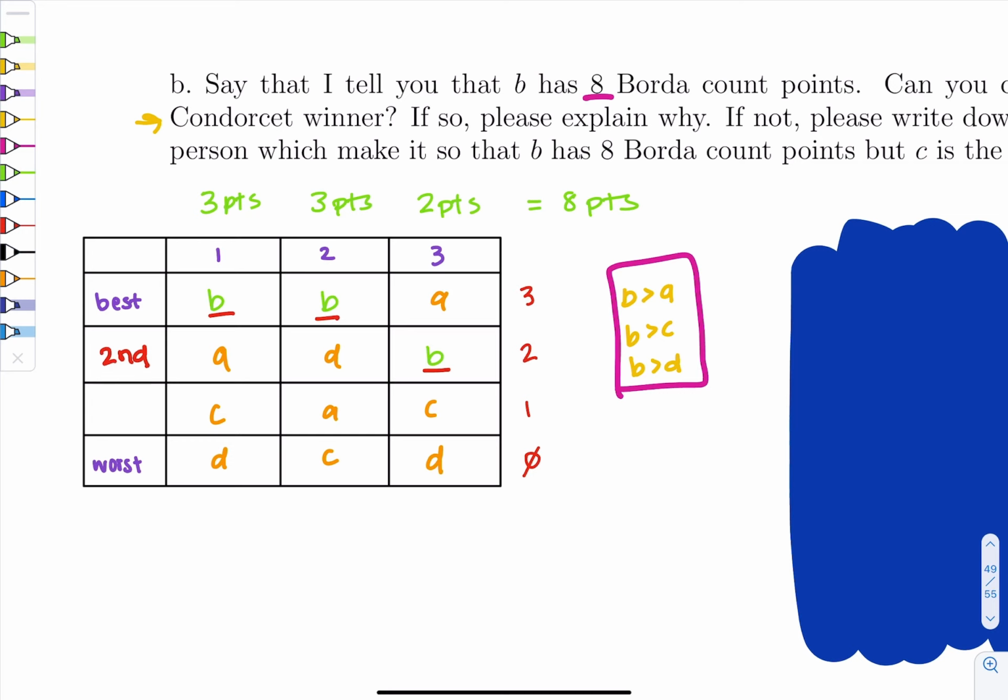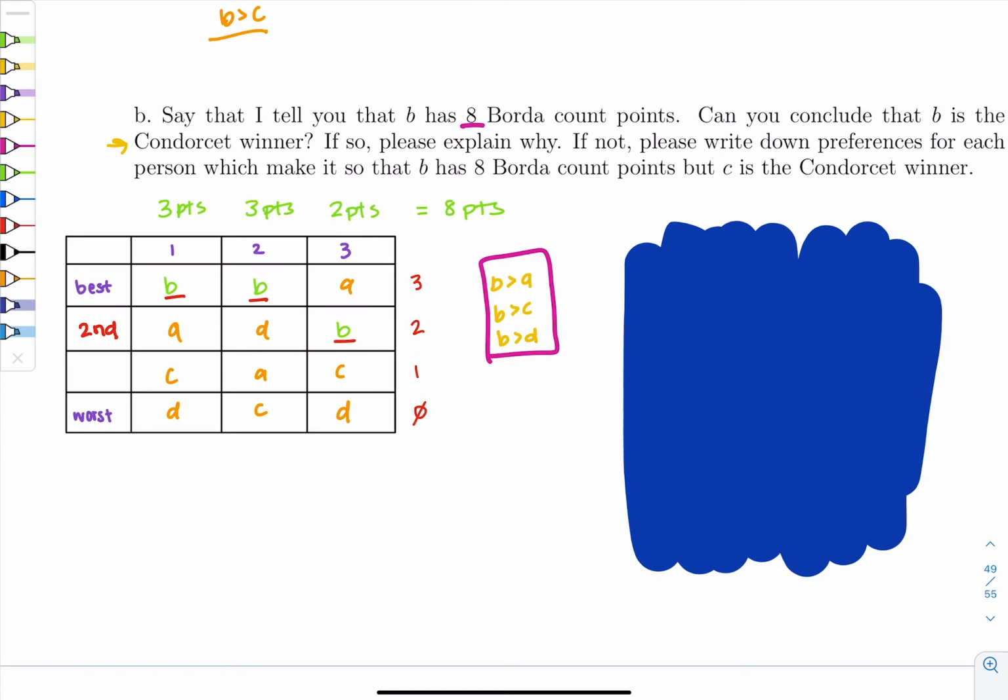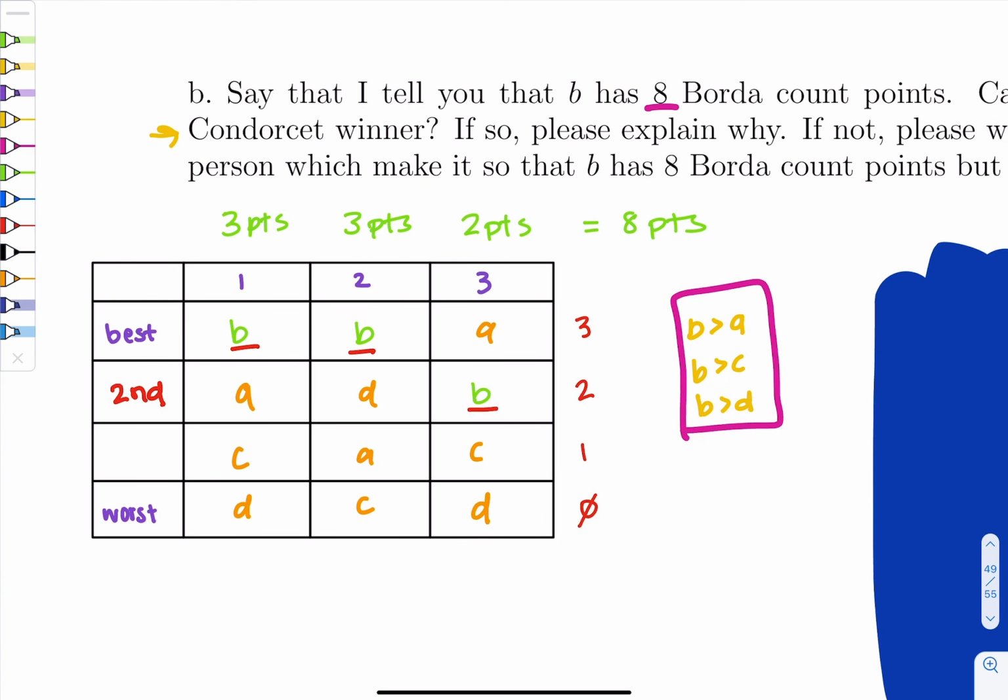So in this case, now that we've established how B has 8 Borda count points, can it be the Condorcet winner? Let's take a look. So we know that B beats A here, B beats A here.